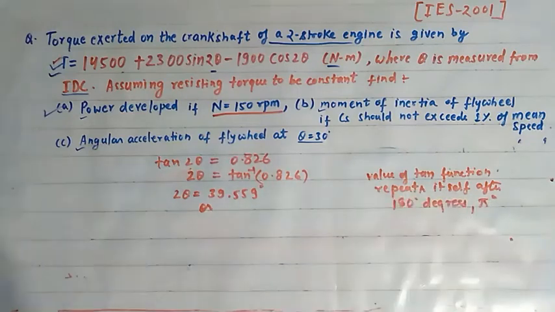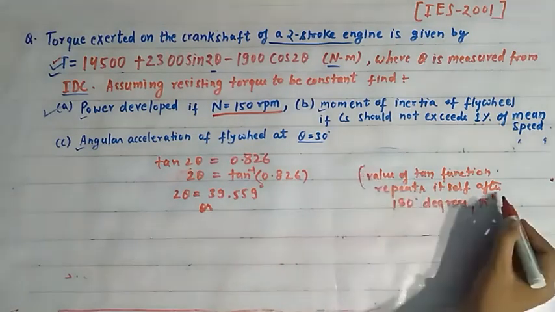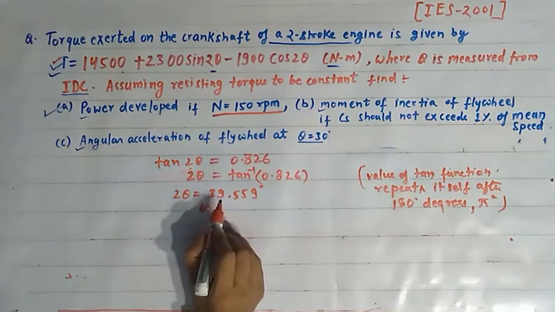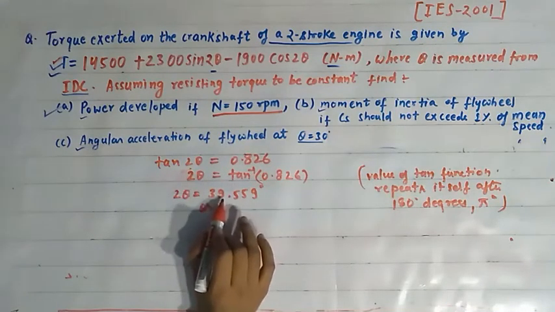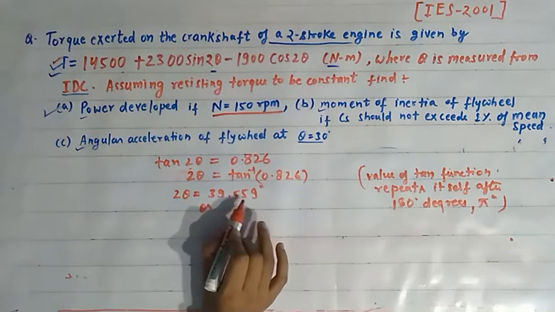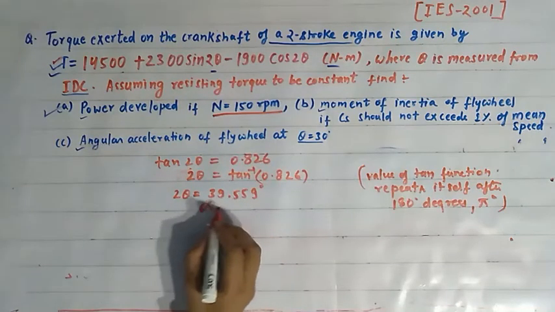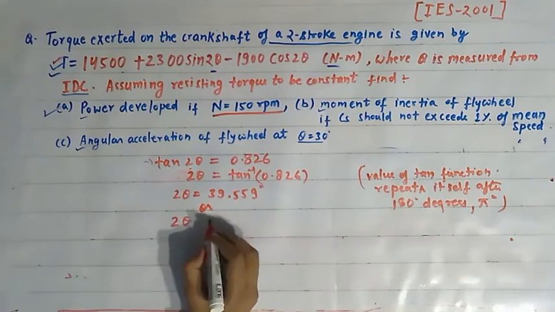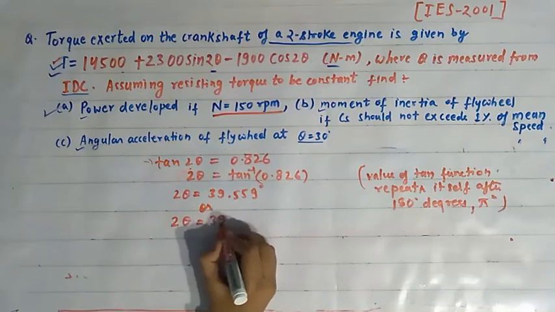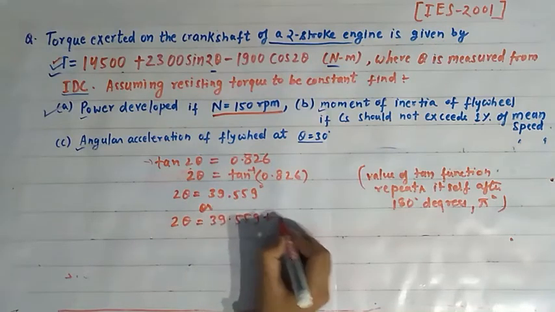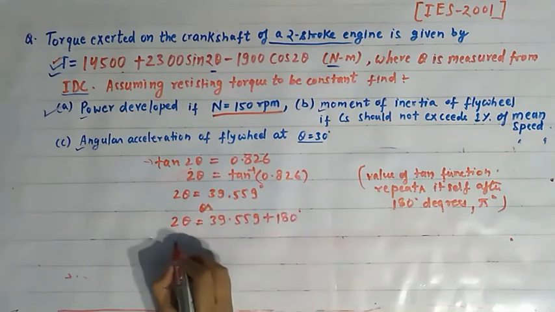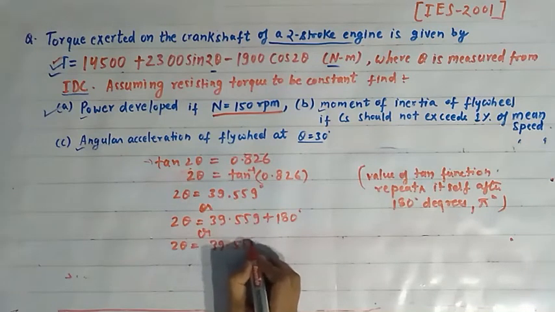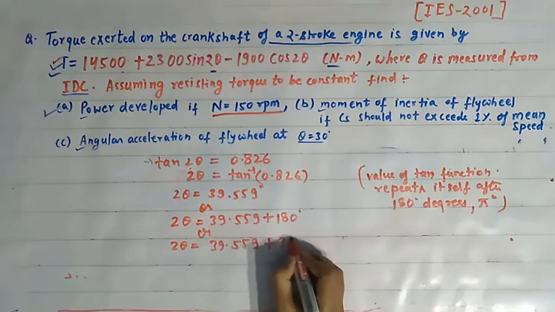So the value of tan 2 theta will be the same at 2 theta equal to 39.559, at 39.559 plus 180 degrees, and 2 theta can also take the value 39.559 plus 360 degrees.